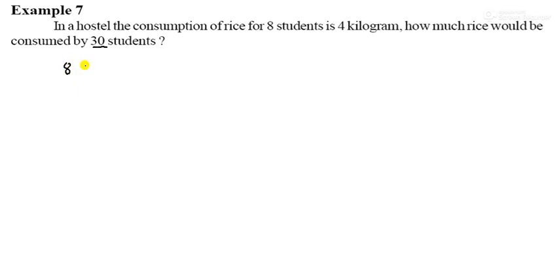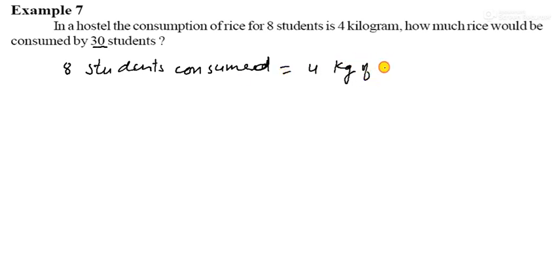You can write 8 students consume 4 kilogram of rice. So one student consumes 4 upon 8 kg of rice.